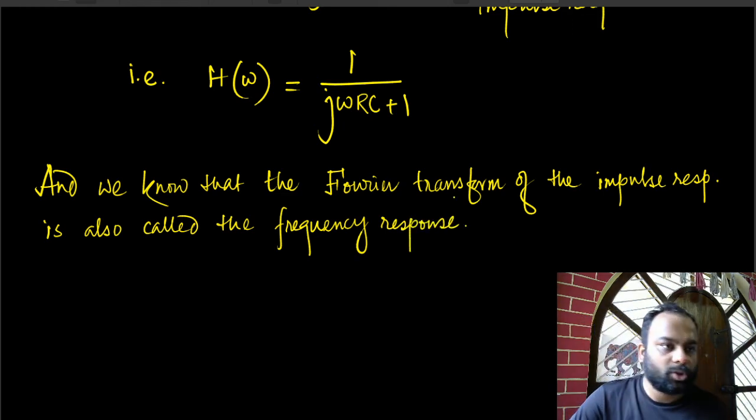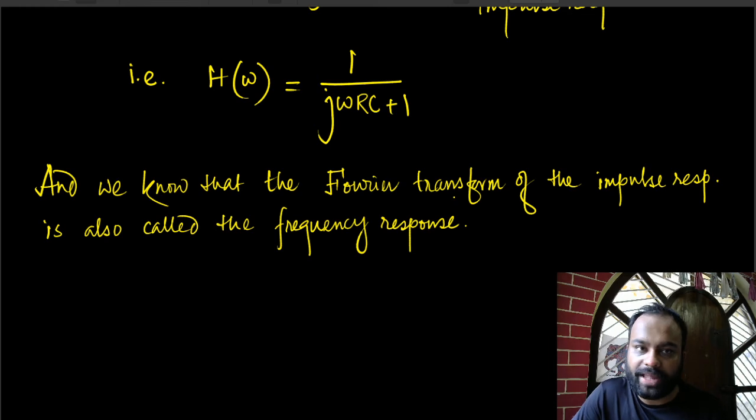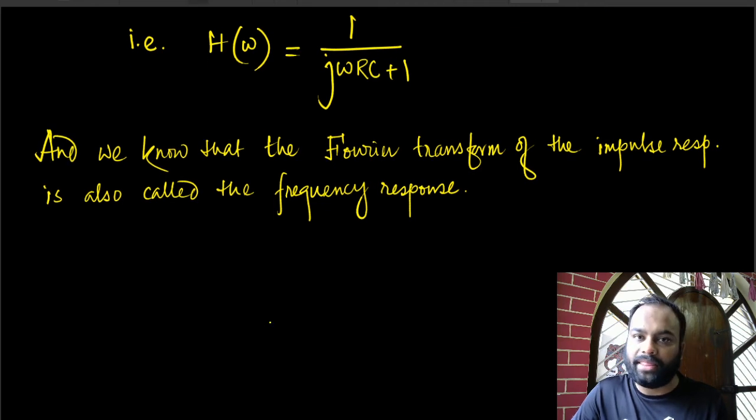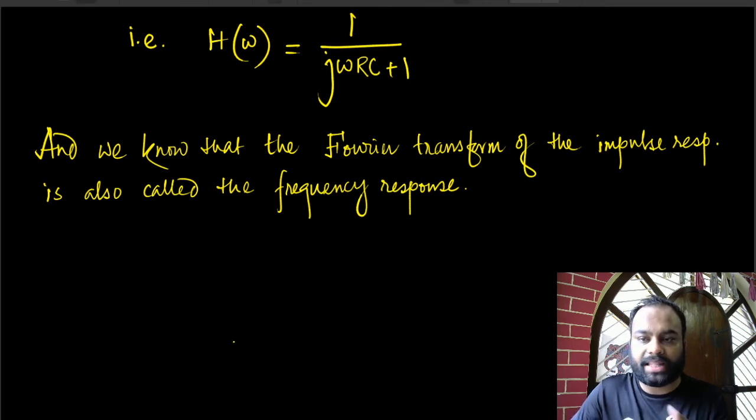So H(ω) is both the Fourier transform of the impulse response and the frequency response of the system. This is how the system responds to different frequencies.